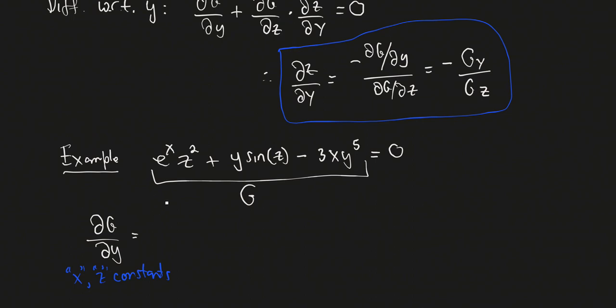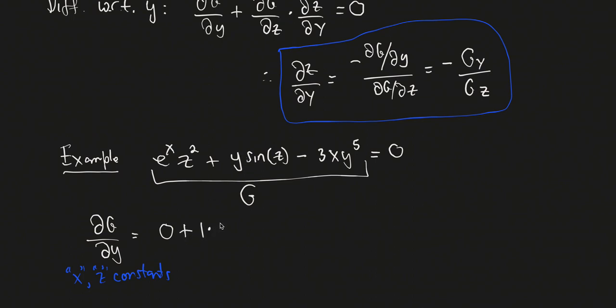Actually, differentiating this with respect to y, all of this is 0, right? Because we're treating x and z as constants. So this is 0. And then here, treating the z as a constant, so the sine of z will come down, and then the derivative of y with respect to y is 1.